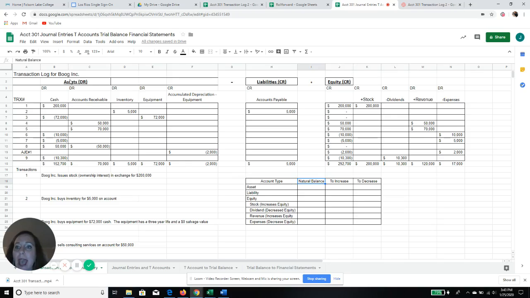So when we look at our asset accounts and our accounting equation, we see that assets have a natural debit balance. Liabilities have a natural credit balance, and equity has a natural credit balance.